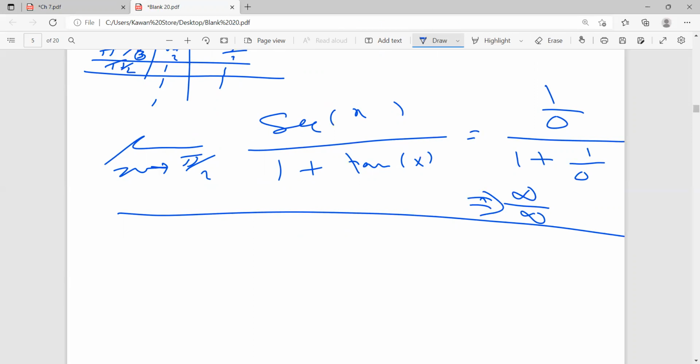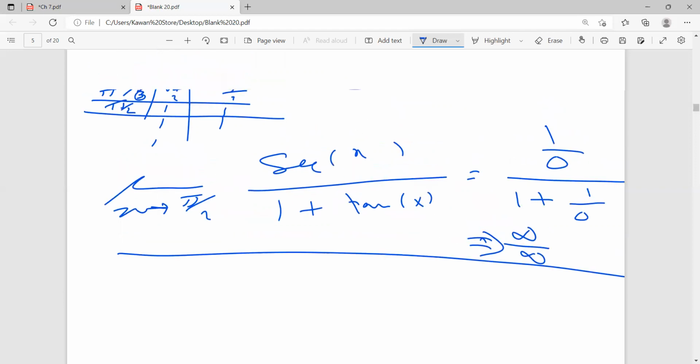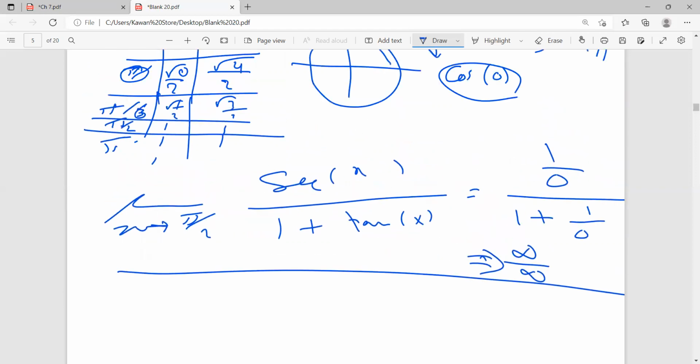By the graph, I can imagine. By the value, you can substitute. Easy? Good. Maybe it's not pi over 2, maybe here. You can use both, because the last one here was pi over 2, from 0, pi over 6, pi over 4, pi over 3, pi over 2.